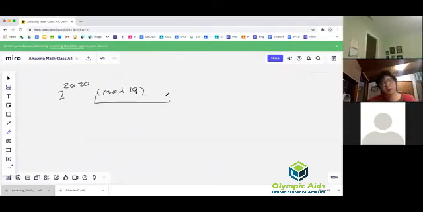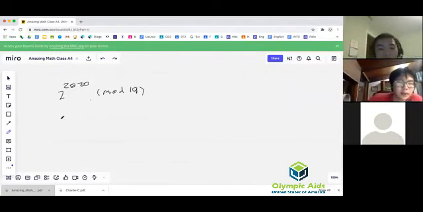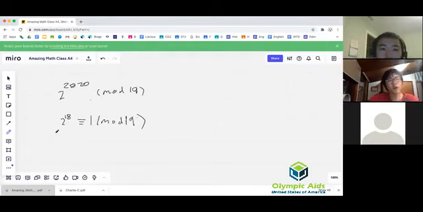So by Euler's Totient Theorem or Fermat's little theorem, whichever one you like, 2 to the 18 will be equivalent to 1 mod 19. So now we want 2020 mod 18, which is much easier than this, obviously. So 2020 is equivalent to 6 mod 18.